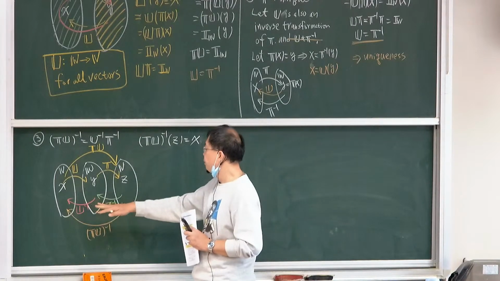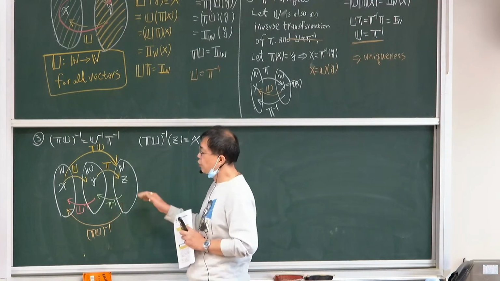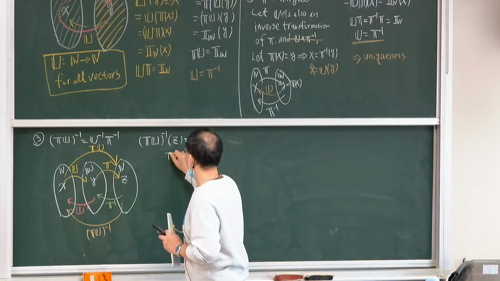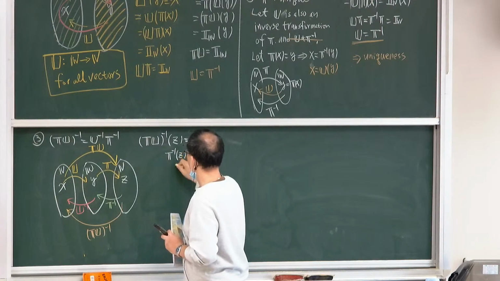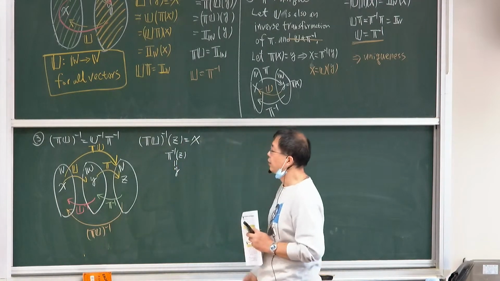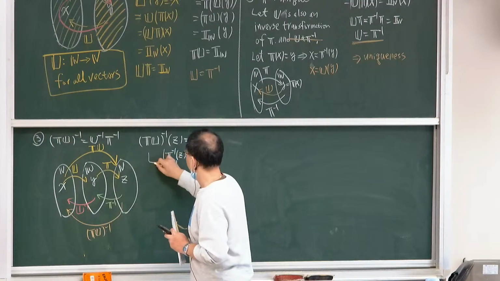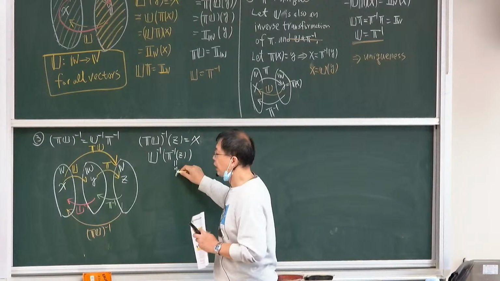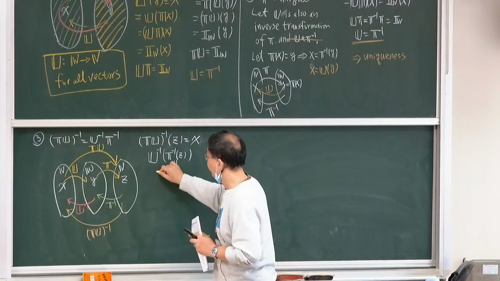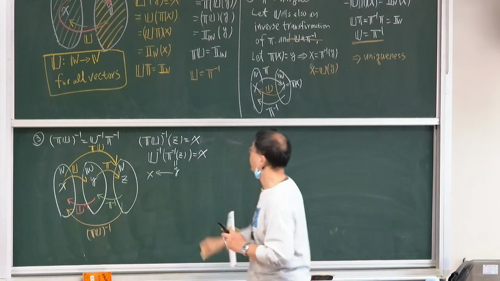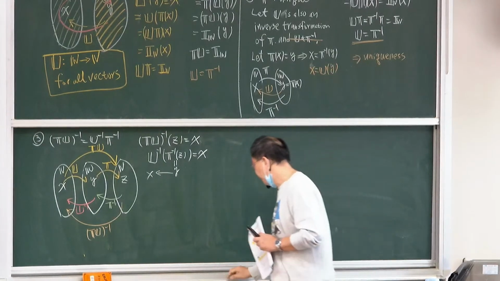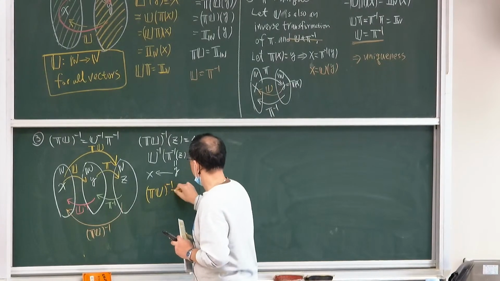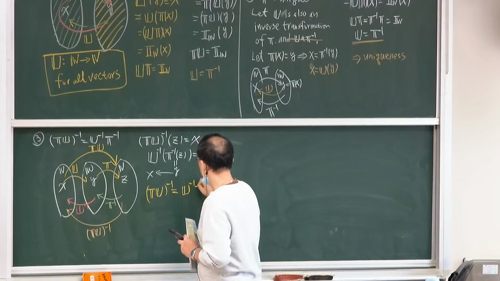But if we transform it step by step, then we first transform T inverse Z, which equals Y. And then we do another linear transformation, U inverse, which will transform Y back to X. So now we have (TU) inverse equals U inverse T inverse.